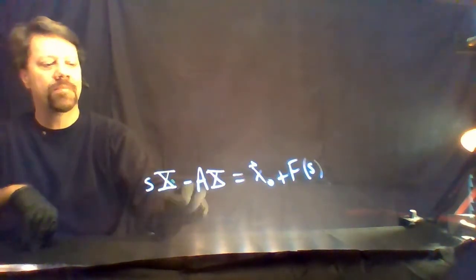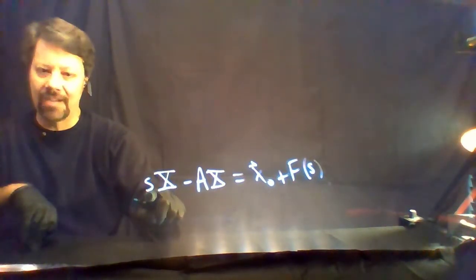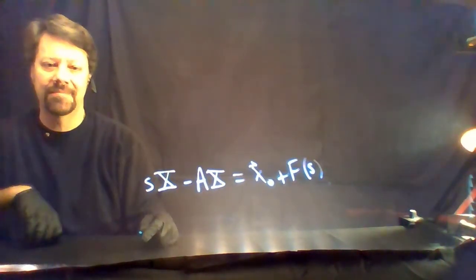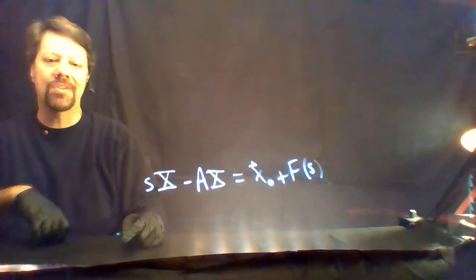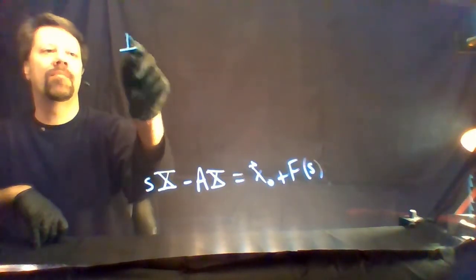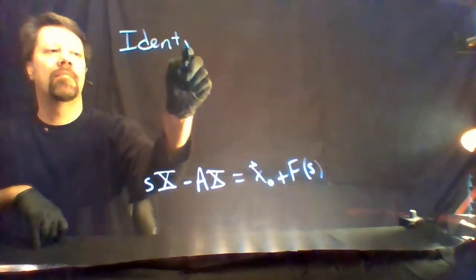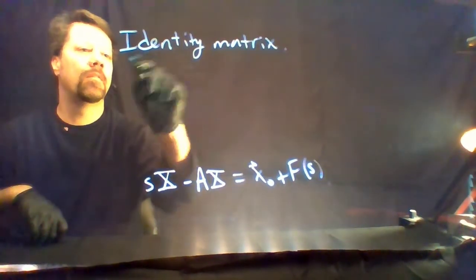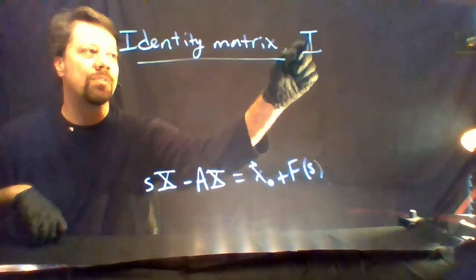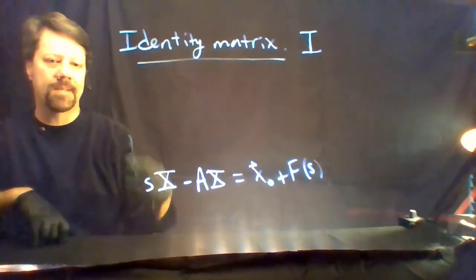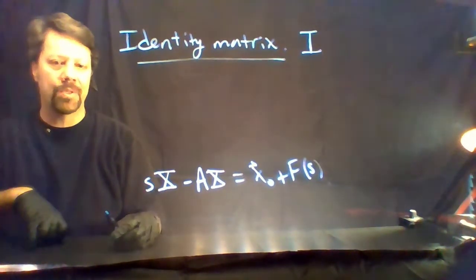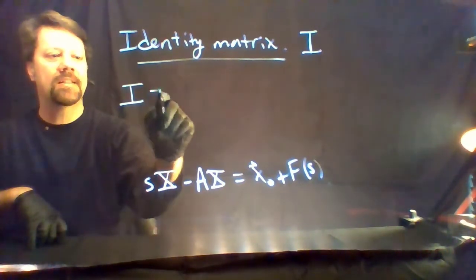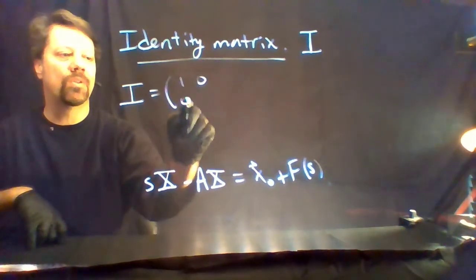What is more, you cannot subtract a scalar s and a matrix A. It's not even defined. What you need to do is insert an identity matrix. The identity matrix is normally denoted by I, or sometimes with a subscript, depending upon how many rows and columns it has. In the 2 by 2 case, the identity matrix is 1, 0, 0, 1.